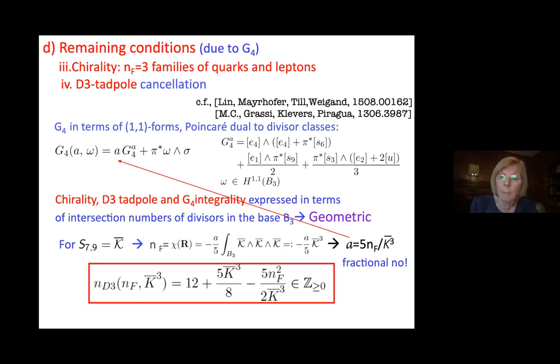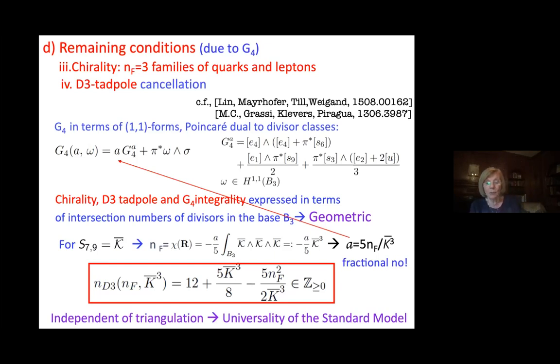So this is an expression that is the same for all the triangulations of a particular polytope. In some way, it is intriguing that we get this large class of models that have certain universality properties. So, geometric universality of the standard model.